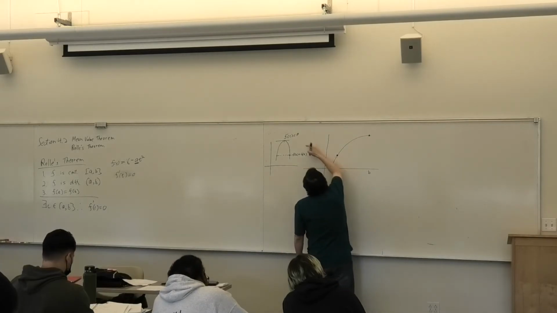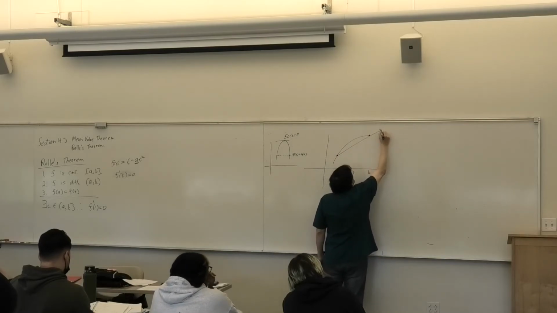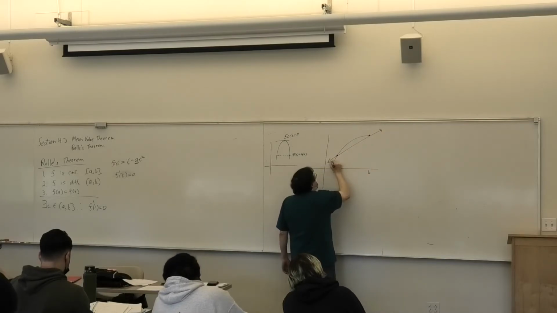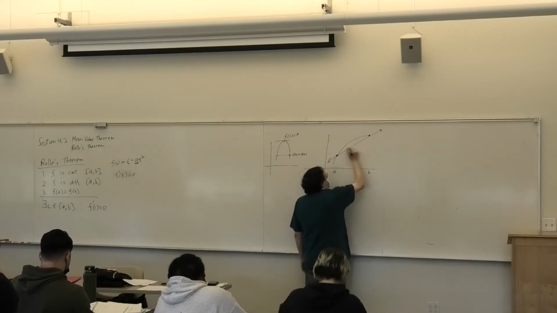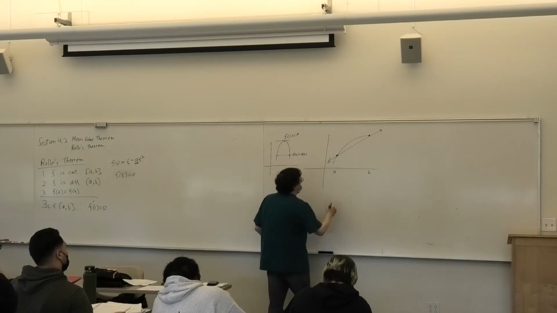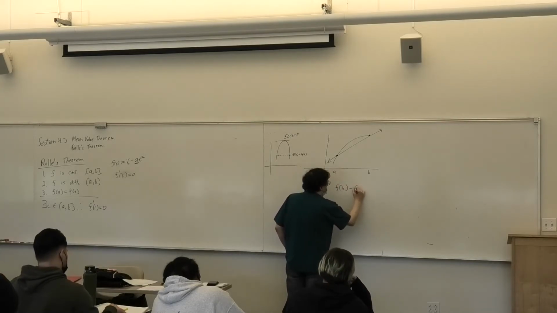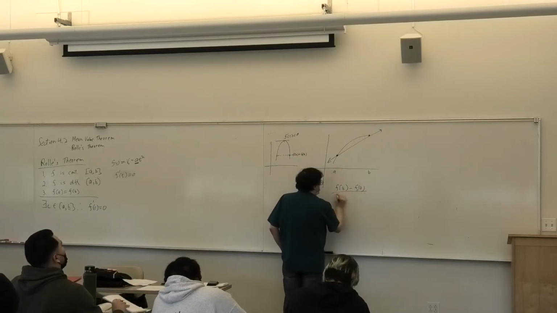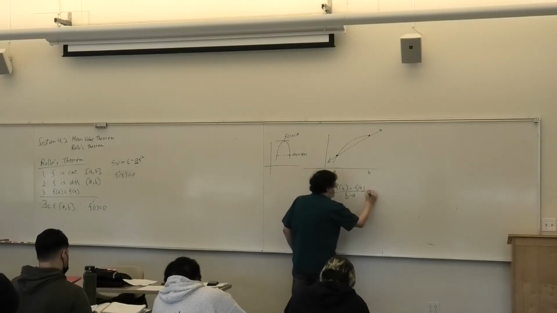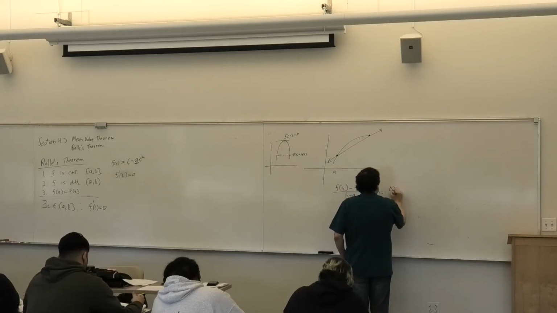And instead of the derivative being 0, we're going to take the slope of the line between A and B. So what's that? That's going to be f of b minus f of a over b minus a. That's m, or if you like, delta y over delta x.